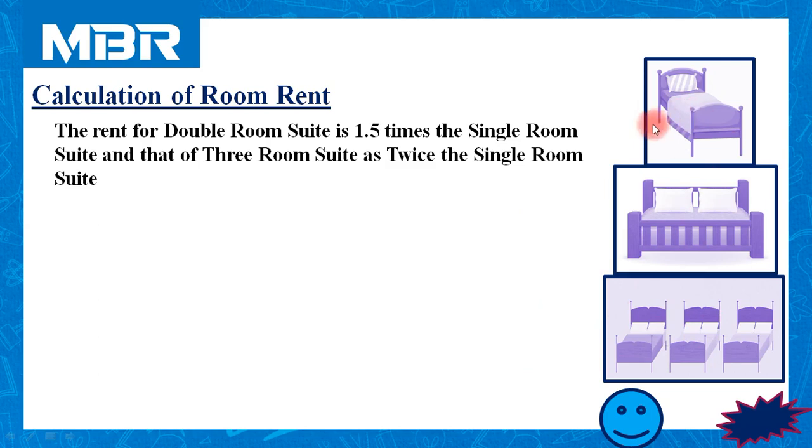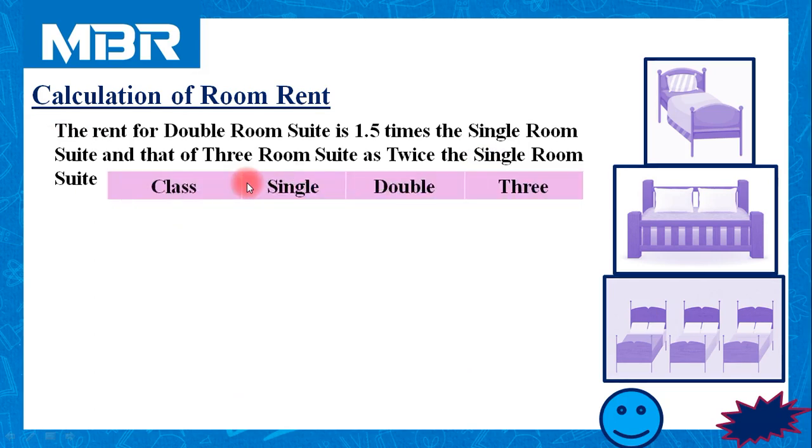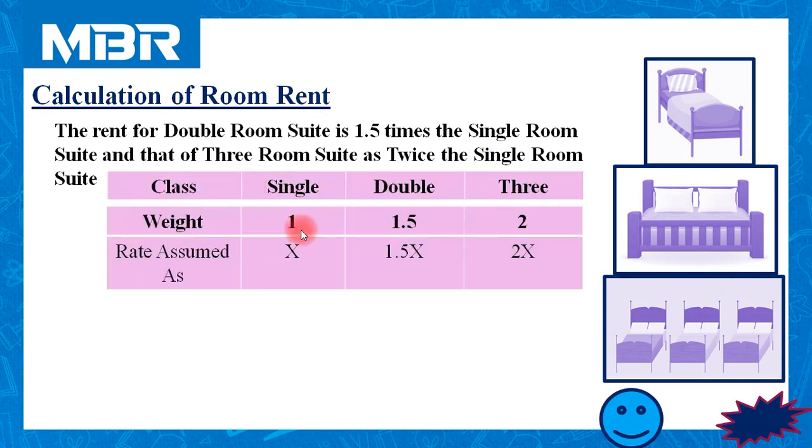If you charge 1000 rupees for a single room, we need to charge 1500 for a double and 2000 for a 3-room suite.